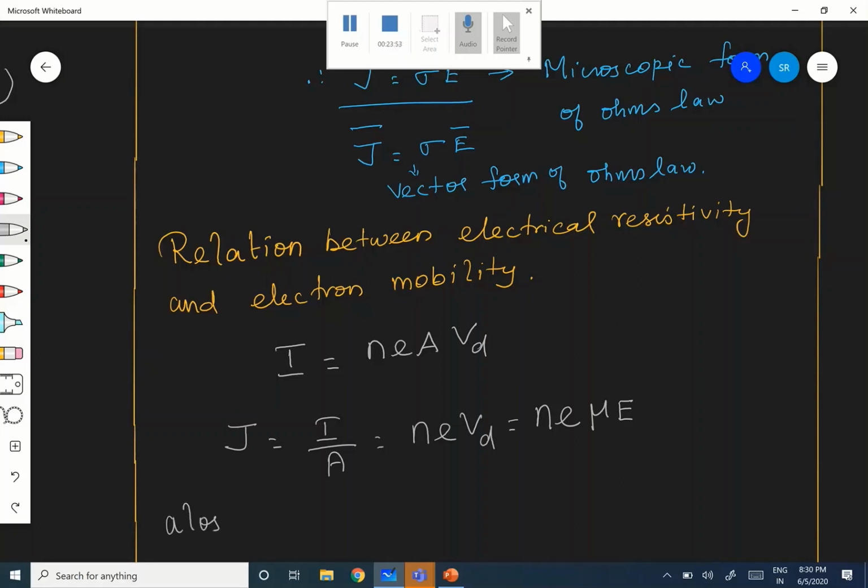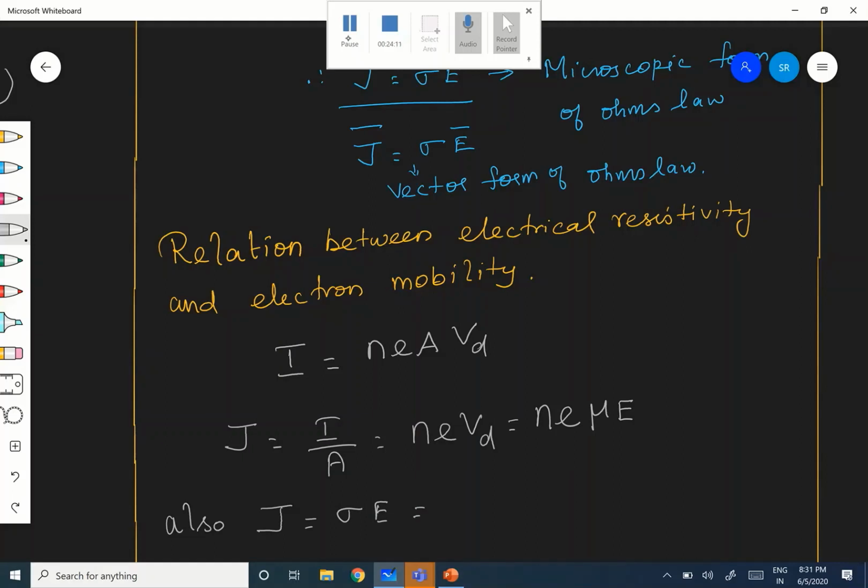Also, we already have derived the relation for J: J is equal to sigma E, just now we have derived.